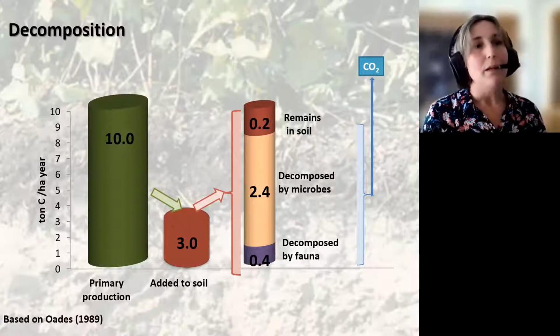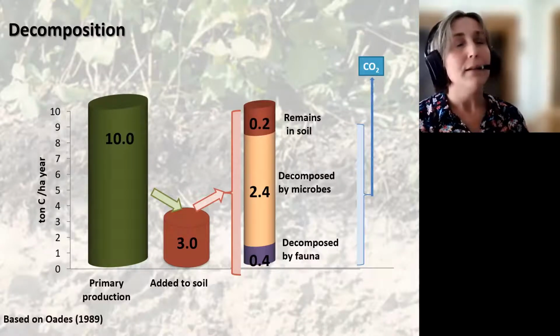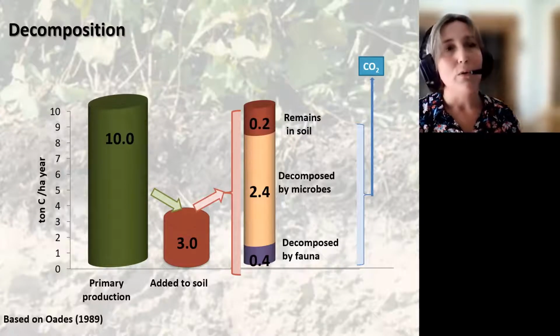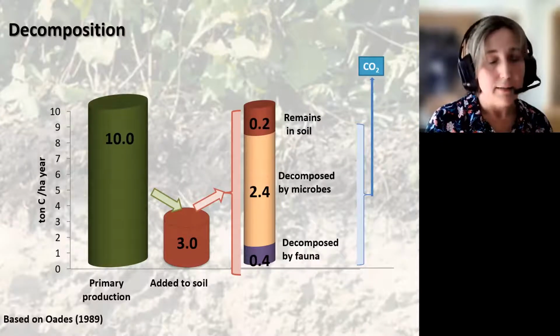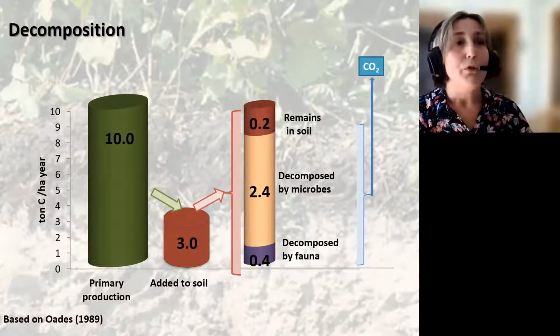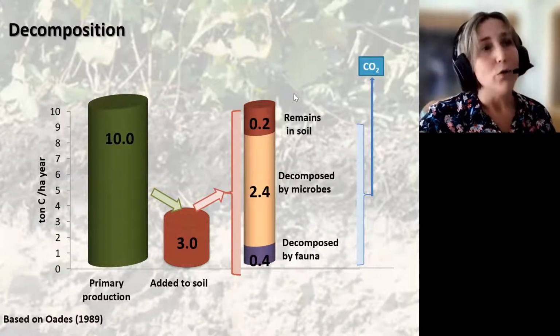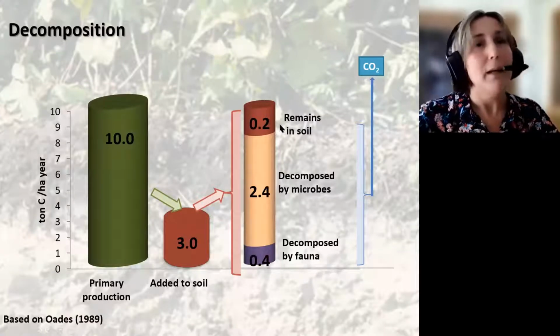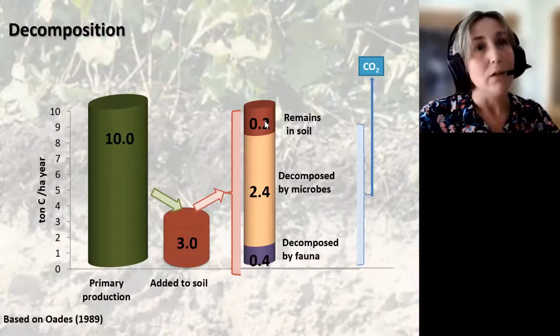Most of it will be decomposed by microbes. Some of it will be decomposed by fauna, and eventually all of it will leave soil as CO2. So what can we do to increase that 1-2%, to increase that amount to make it stored in the soil longer?